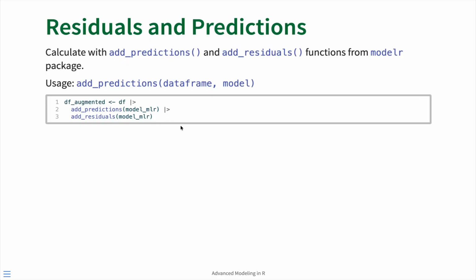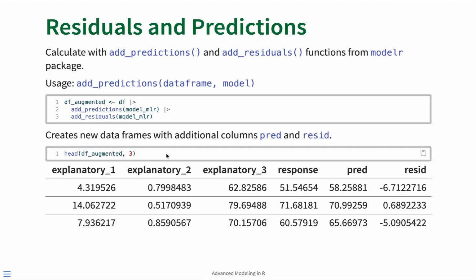The output will be a data frame, which we can then assign to a new variable, like you see here, df_augmented. This data frame will contain new columns, a column called pred and a column called resid, which are added by the add_predictions and add_residuals functions respectively.